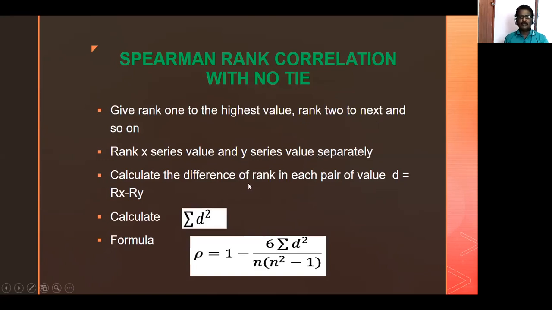Calculate the difference of rank in each pair of values, called small letter d, that means Rx minus Ry, where Rx is the rank of X series and Ry is the rank of Y series. Then calculate the summation of d square. The formula for Spearman rank correlation with no tie is rho equal to 1 minus 6 sigma d square divided by n into n square minus 1, or n cube minus n.